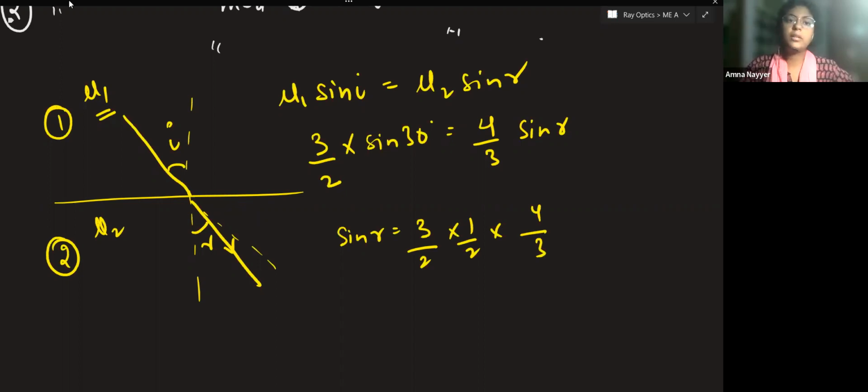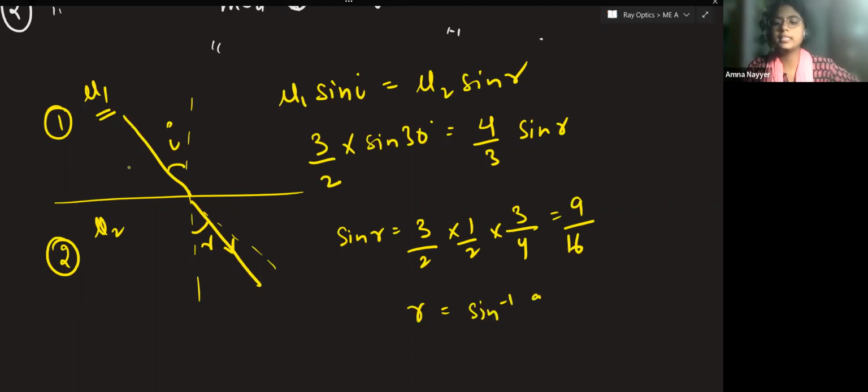When it goes to the other side, it will become 3 by 4. So this becomes 9 by 16. So angle of refraction will become sine inverse 9 by 16. All of you note this down.